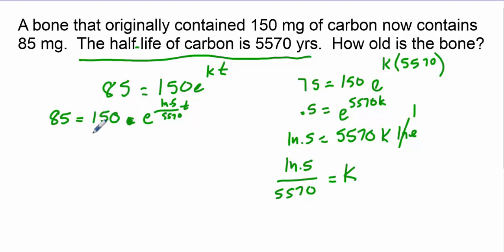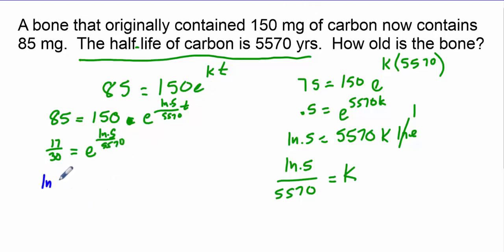After I divide 85 by 150, I end up with a nasty decimal, so I'll reduce this to 17 over 30, equals e raised to the ln 0.5 over 5570 t. Now take the natural log of both sides.